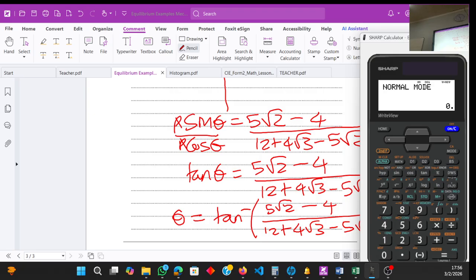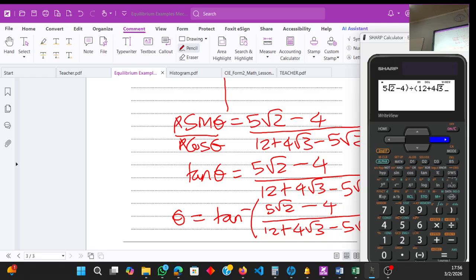Now it's fine. So I'm going to say second function tan. I open a bracket, I open another one for the numerator. So that's 5 root of 2. I move out of the root sign. Minus 4. I close the first bracket for the numerator. Then I move to the denominator where I have 12 plus 4 root of 3.